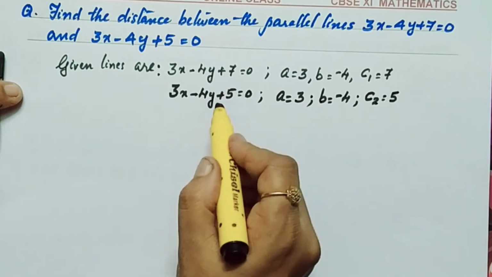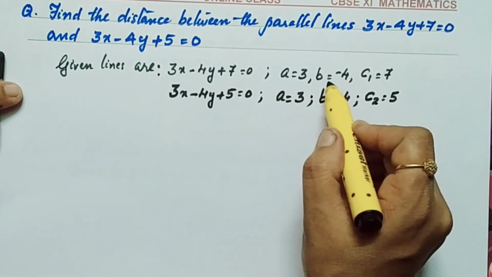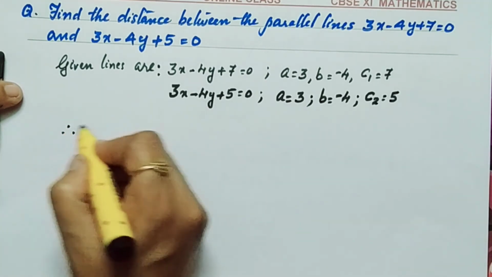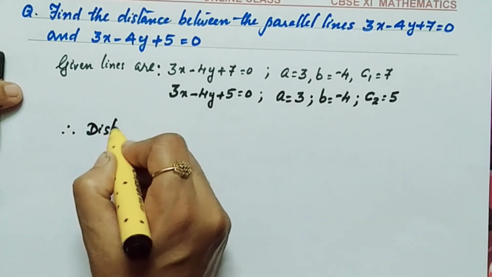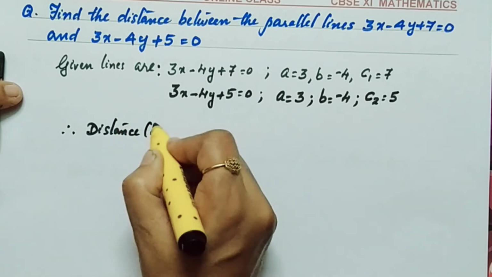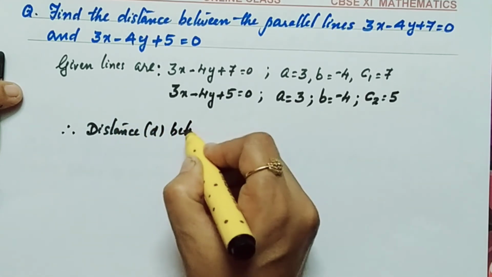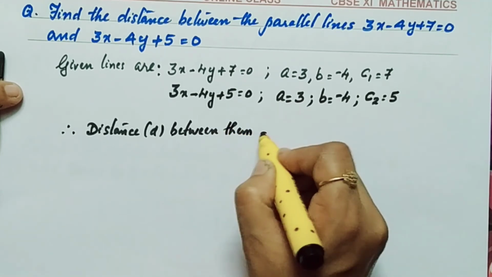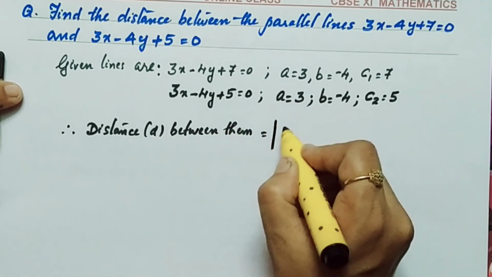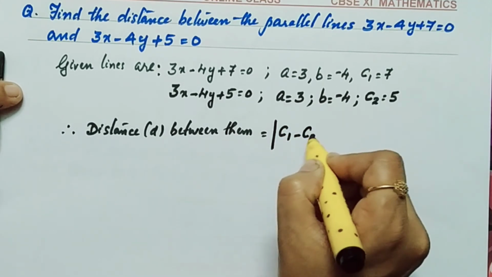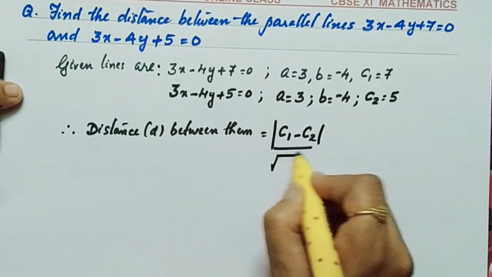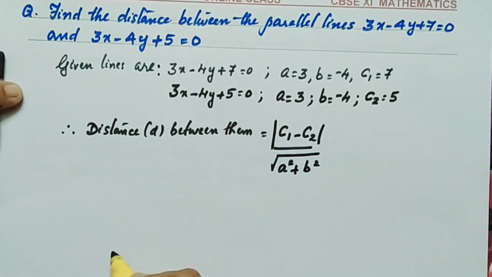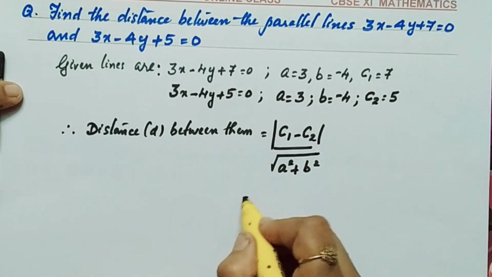If the lines are given in the form ax plus by plus c1 equal to 0 and ax plus by plus c2 equal to 0, then the distance d between them can be found out by using the formula absolute value of c1 minus c2 by root of a square plus b square.